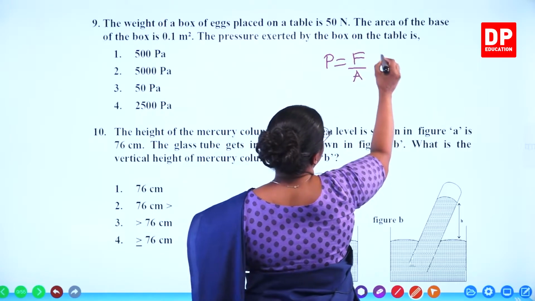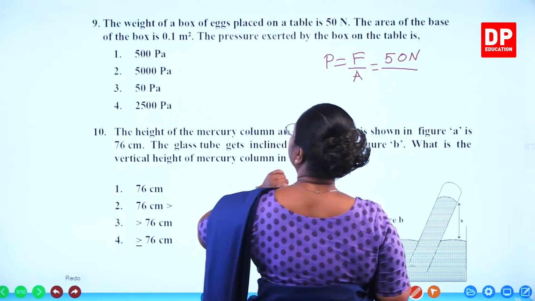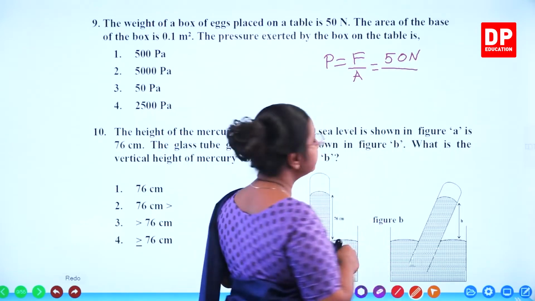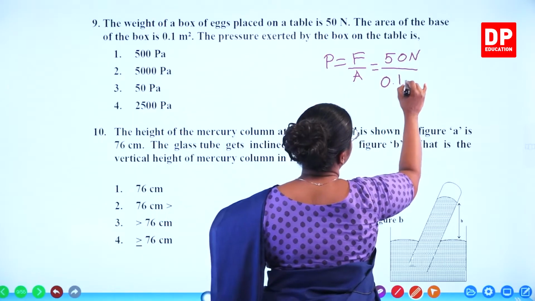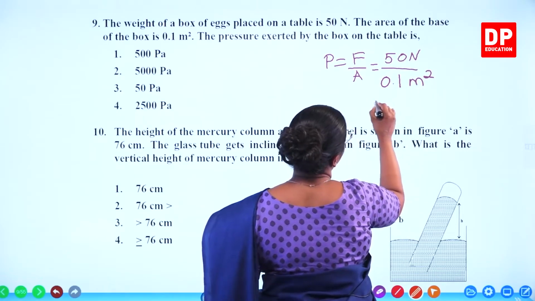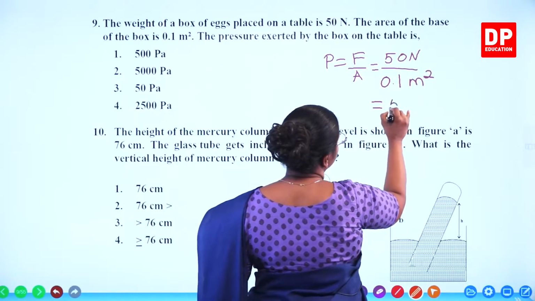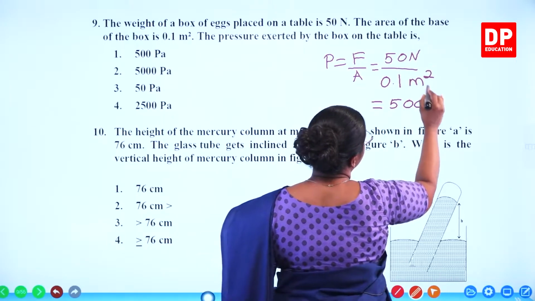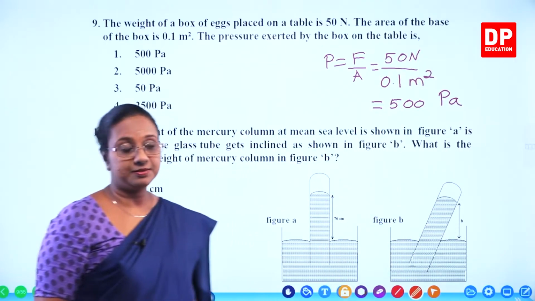Force is given to us as 50 Newton. Here you can see the area is given as 0.1 meter squared. So if you calculate the pressure, 50 divided by 0.1, we will get the answer as 500 Newton meter minus 2, which is equal to Pascal.